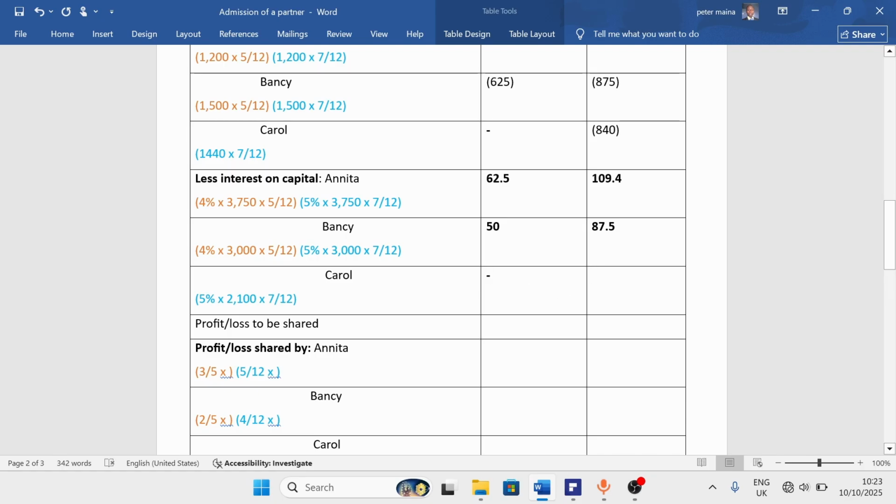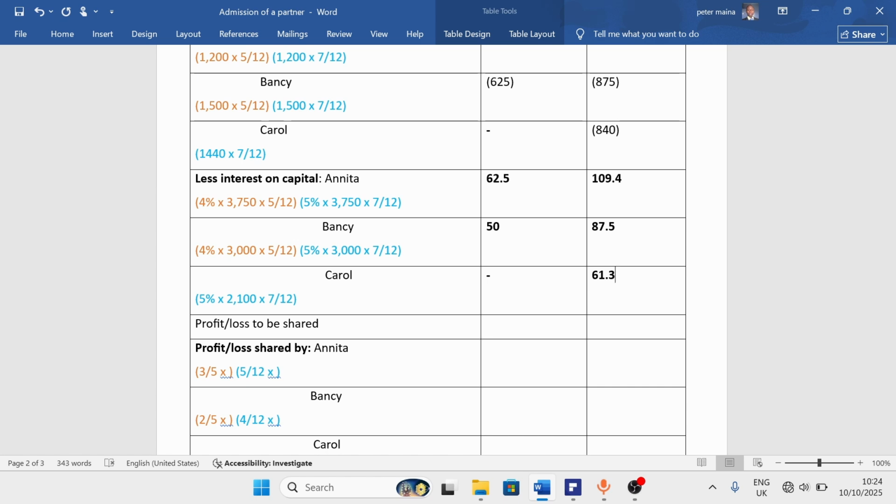So it is only going to be for the next period. So 5% multiplied by 2100 multiplied by 7 divided by 12, that gives us 61.25. So into one decimal point, you can say it is 61.3.